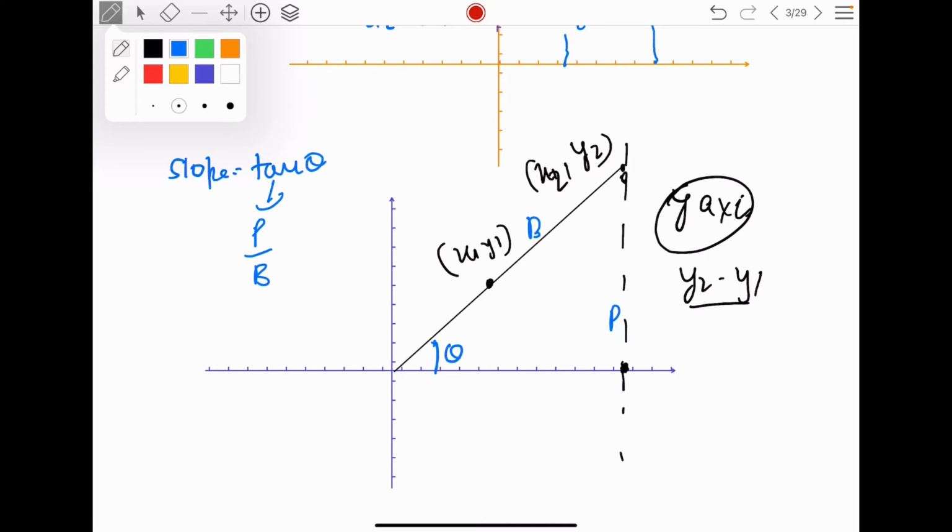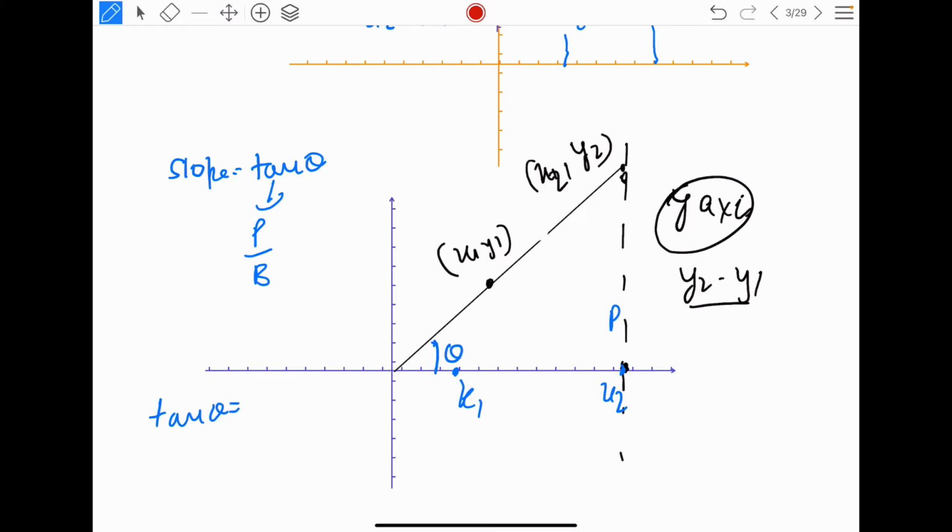Sorry, this is not my base, this is the hypotenuse. The base is this one. And here how to find the base? This is suppose your x1, this suppose your x2. x2 minus x1 will be your base. So tan theta is equal to P by B, which is y2 minus y1 upon x2 minus x1, and that is how you get the slope.